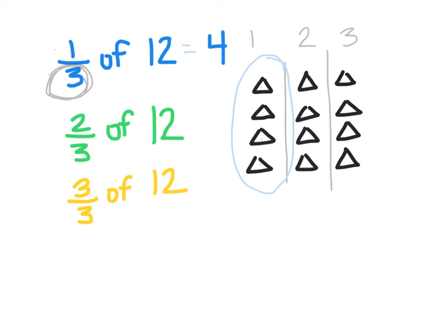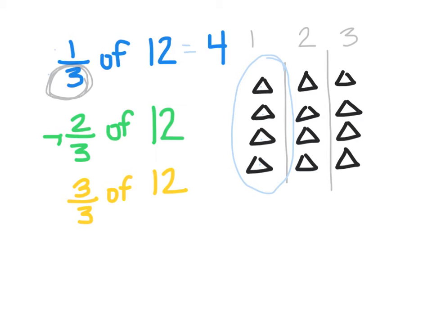Now, we are going to move on to number 2. Number 2 is looking for 2/3 of 12, which means we are looking for 2 groups out of the 3 that we split 12 into. We've already split 12 into 3 groups, so we're focusing on 2 of those groups.